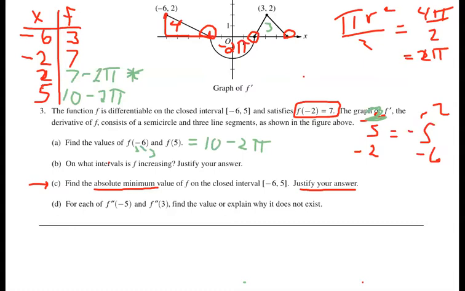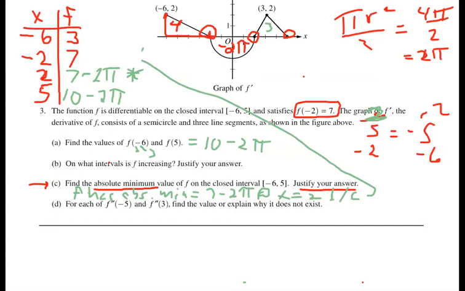So we would say f has an absolute min equal to 7 minus 2 pi at x equals 2, because, and that chart up here is my reason for that. So that's the end of A and C.